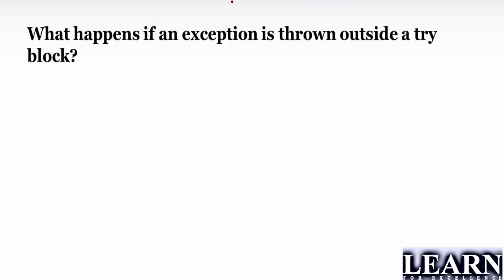If it is thrown outside the try block, the program will stop abruptly. So exception will be similar to error if it is thrown outside the try block. It will stop the program in both cases.